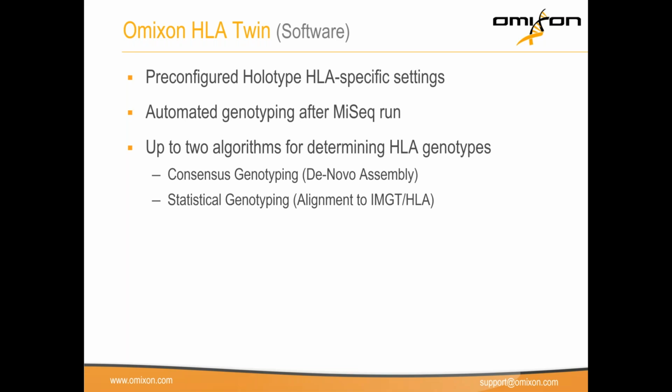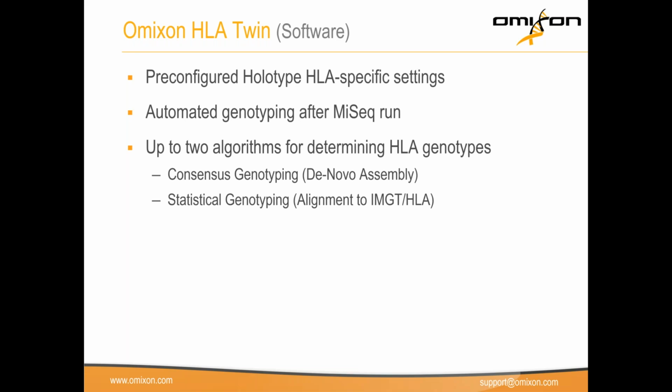The software uses up to two algorithms for determining the HLA genotypes. These two are, first of all, the consensus genotyping algorithm, and the second is the statistical algorithm. The consensus is the main one, most important, because this one does a de novo assembly.